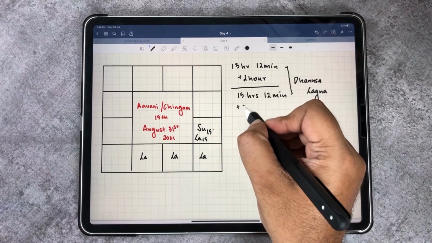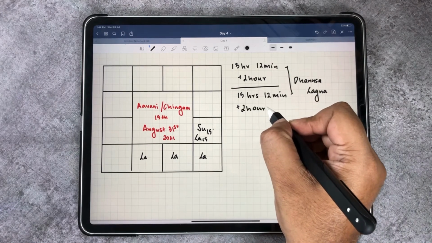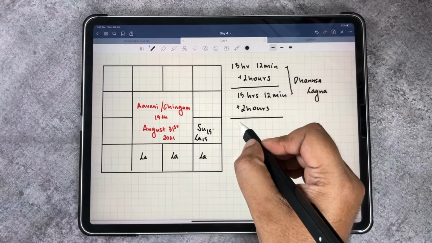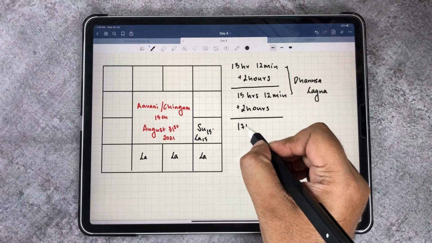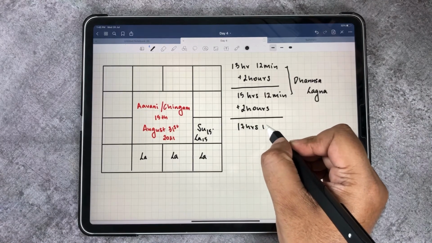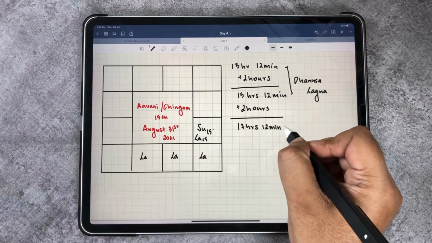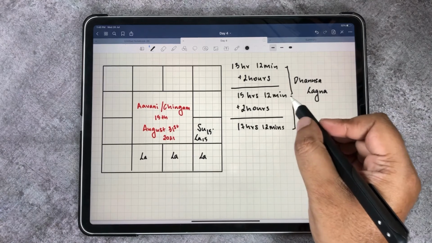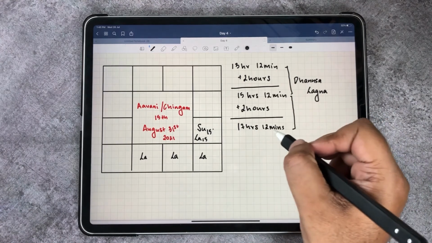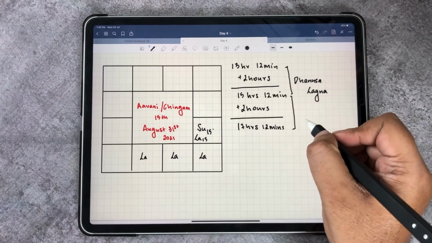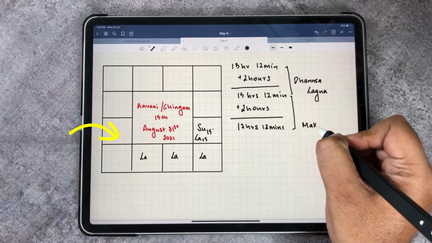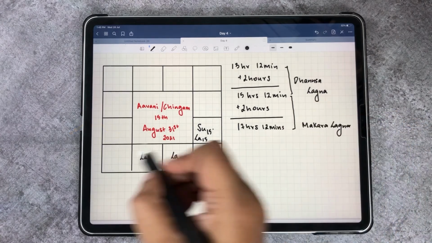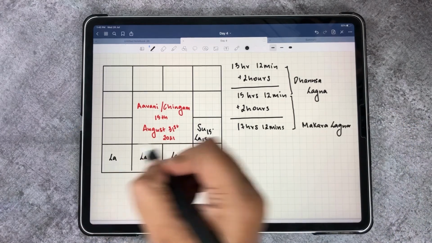Next again add 2 hours. You will have 17 hours 12 minutes. So from 3:12 p.m. in the afternoon to 5:12 p.m. in the evening, you will have the Makara Lagnam. Okay, so Dhanusha Lagnam, let's put it here.